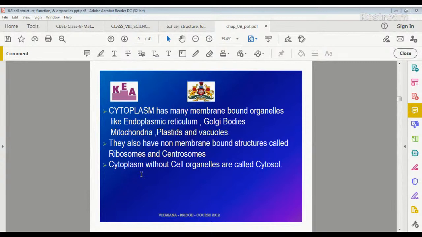These can be mitochondria, Golgi bodies, ribosomes, plastids, vacuoles, etc. They also have non-membrane bound structures called ribosomes and centrosomes. Now, cytoplasm without cell organelles is called cytosol.